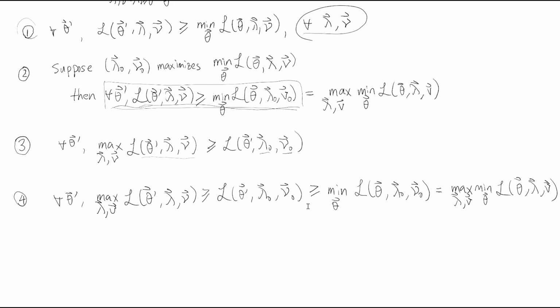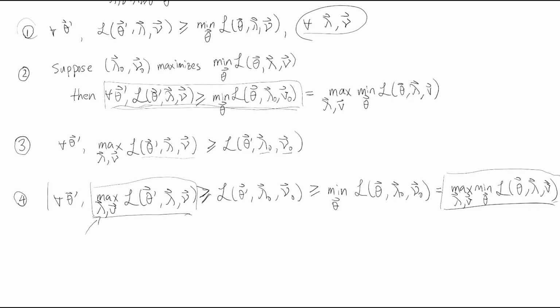So I guess we don't need a lot of these. We're just going to keep track of the first expression and the last expression. So we know that for all theta prime, this thing must be greater than or equal to this thing. Now this expression is actually a function of theta.